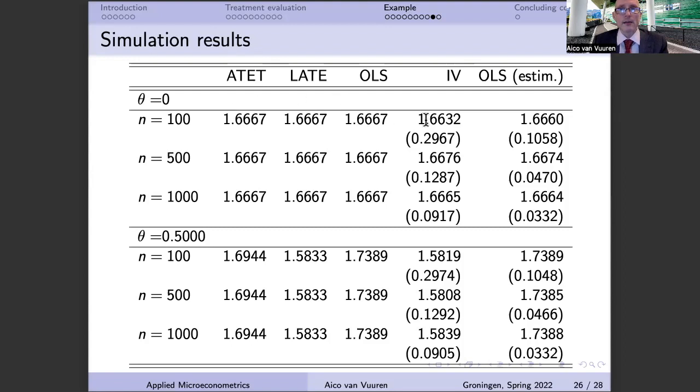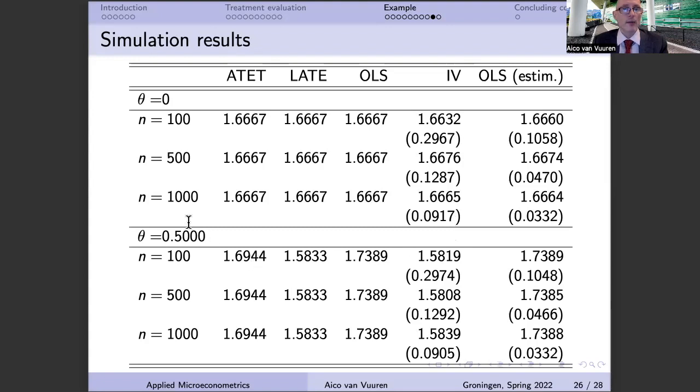We do see that both IV and ordinary least squares estimate quite well not only their own expected values, but also the average treatment effect among the treated. Again, in this case ordinary least squares is obviously better than IV because it has a much lower standard error.